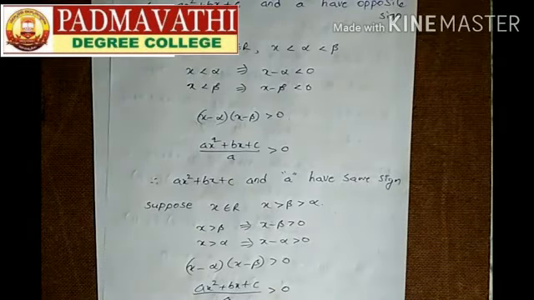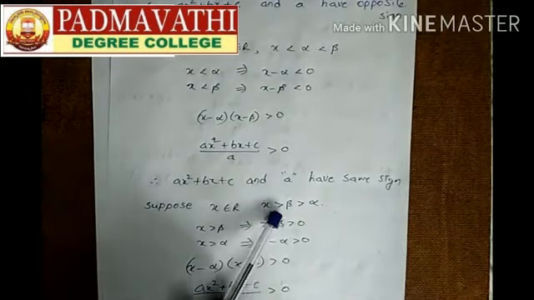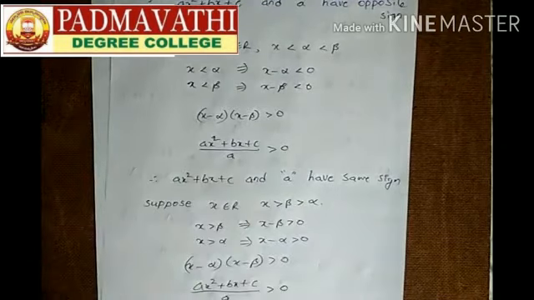Similarly, one more case you can consider. Suppose x belongs to R and we choose x greater than beta. Greater than beta means it is obviously greater than alpha also. Why? Because we are taking alpha less than beta, so alpha is a smaller value. So the next condition is x greater than beta greater than alpha.